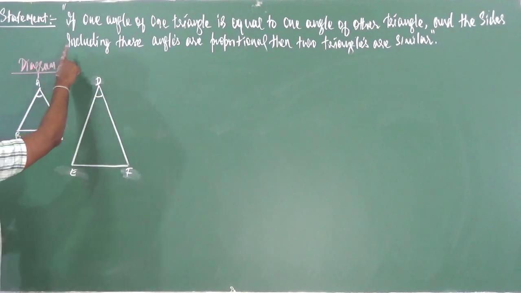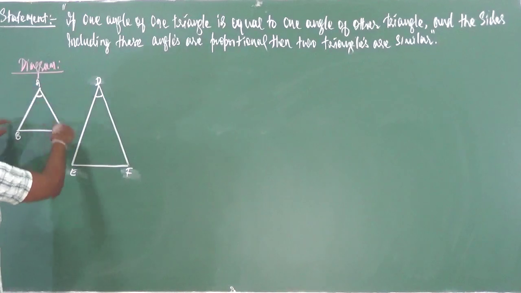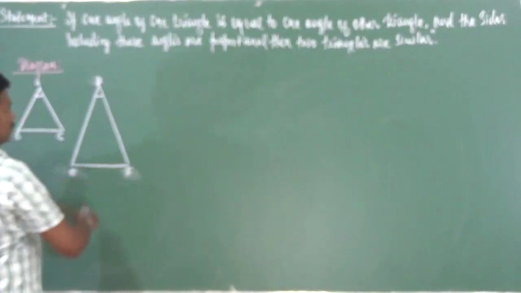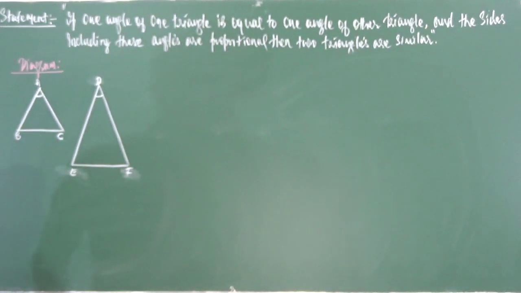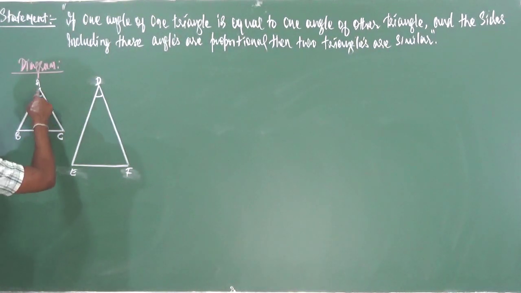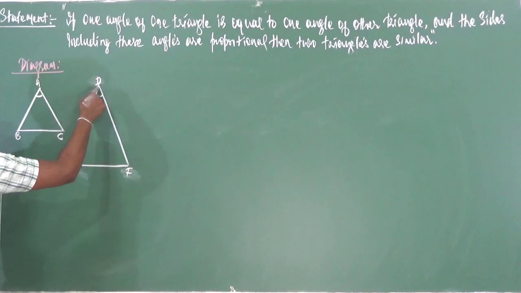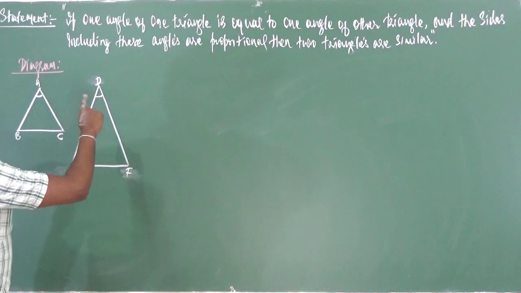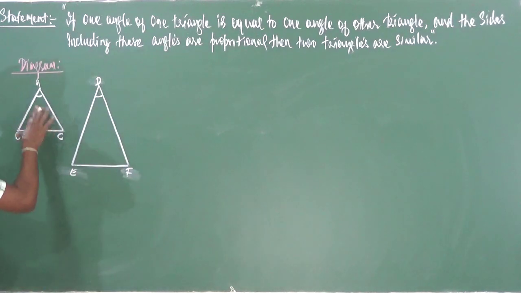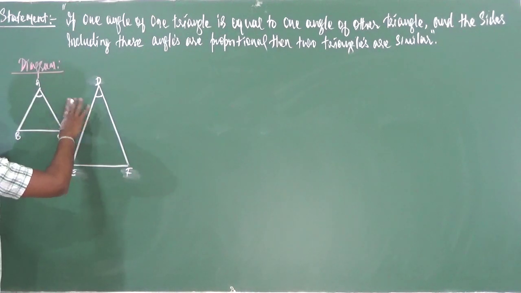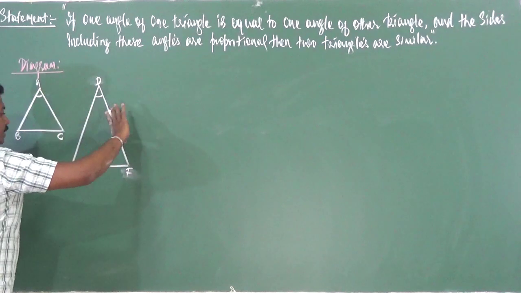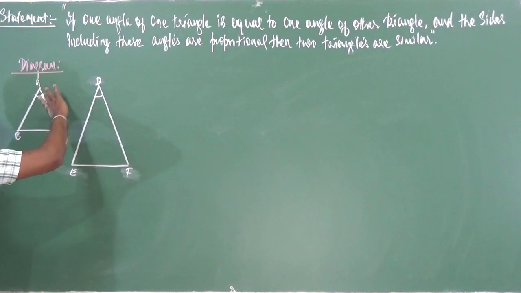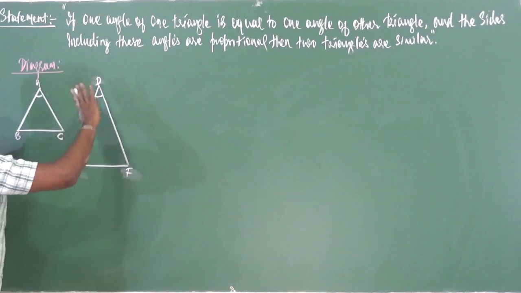One angle of one triangle is equal to one angle of the other triangle, and the sides including these angles, this angle includes these two sides, and this angle includes these two sides, are proportional. That is, the ratio between AB and DE is equal to the ratio between AC and DF.